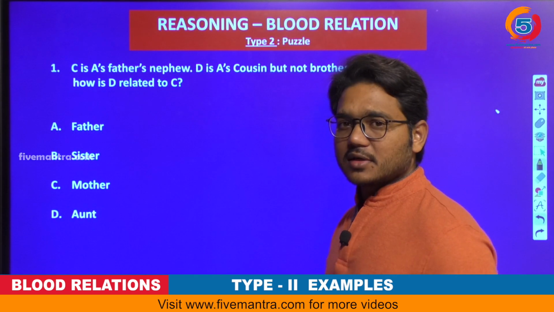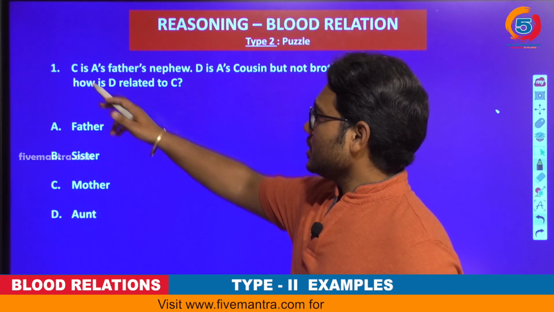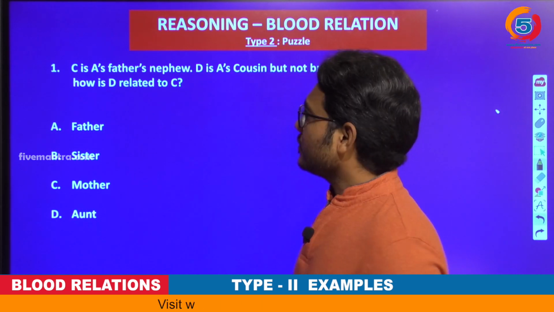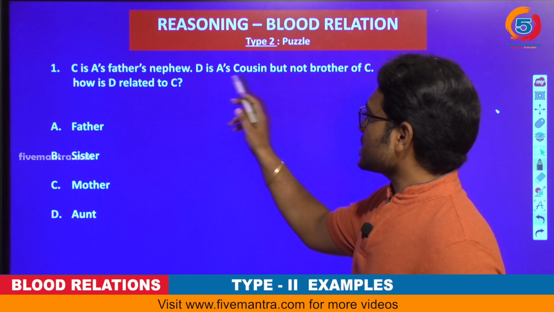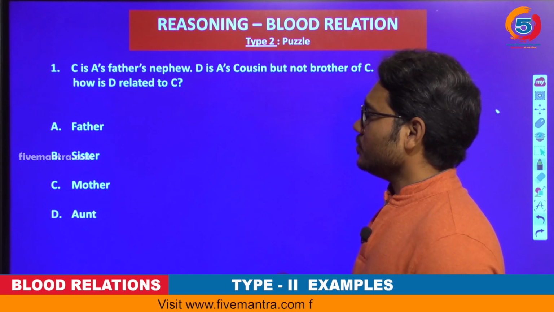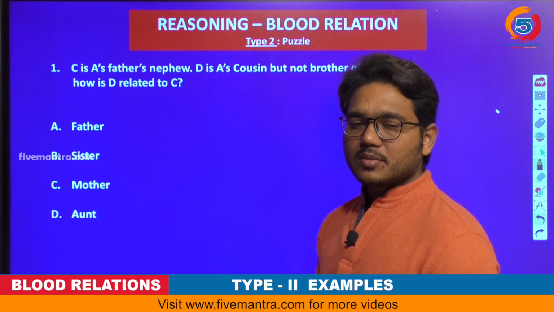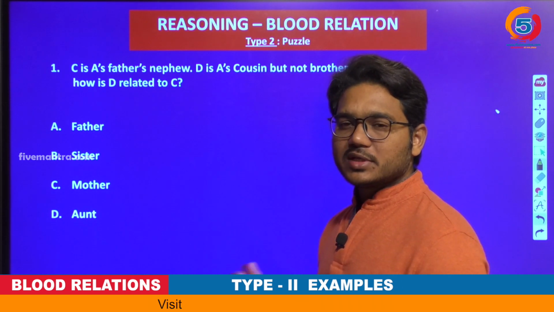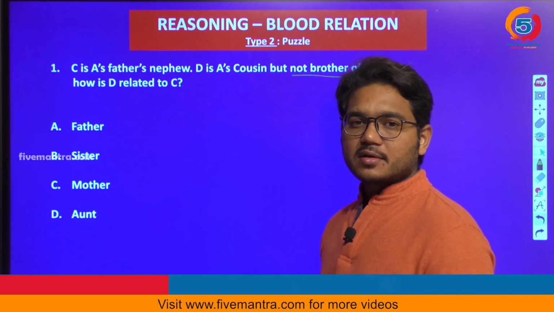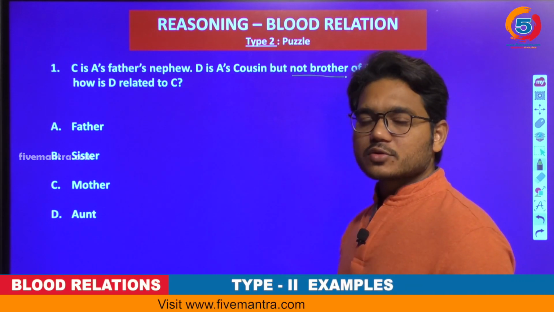Let us read this statement first. C is father's nephew. D is A's cousin but not brother of C. One important thing you need to remember in these puzzles is "not brother" or "not sister". You have to identify carefully.